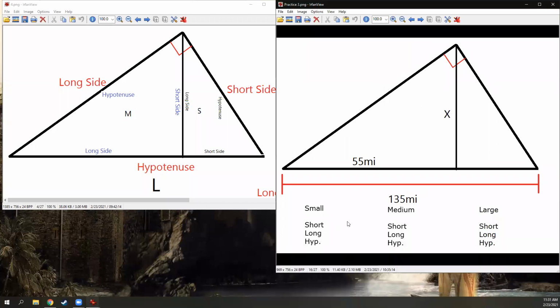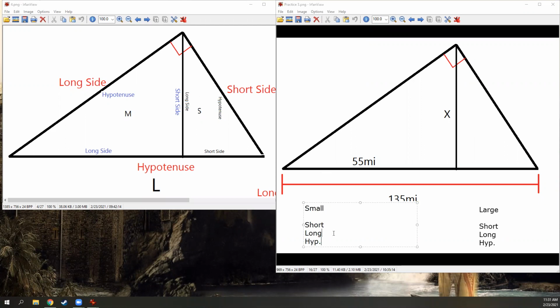Dim that out a little bit so you can see. So let's look. In our small triangle, we don't have a hypotenuse. We do have a long side though. Long side is x. And then, do we have a short side? We don't have a number here, but we could figure it out.